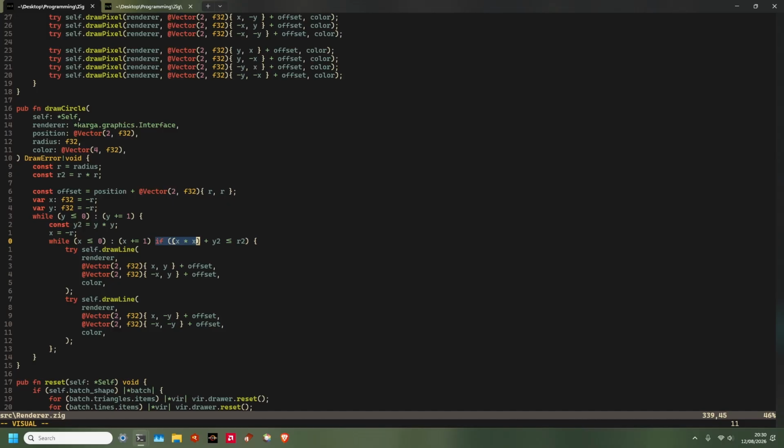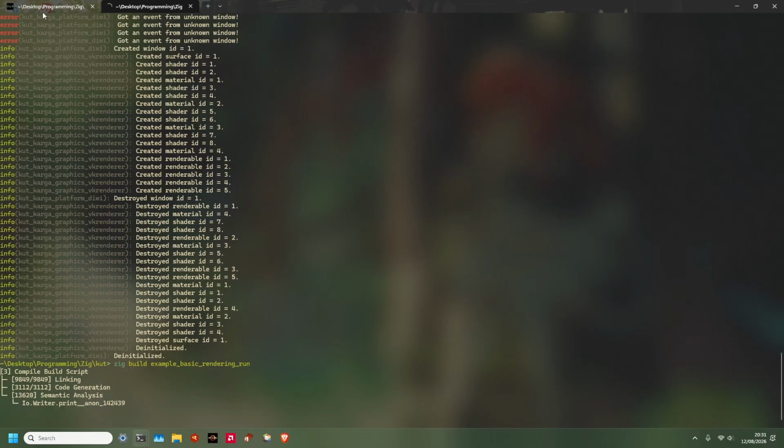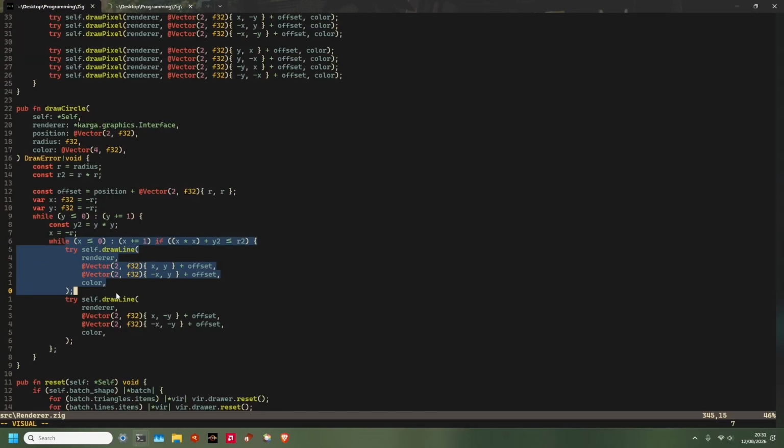We are drawing more than one line on the same x-axis, so this is still too many draw calls. I kind of forgot about this when I was explaining in the video. Although this works, we are still drawing too many lines, too many draw calls.